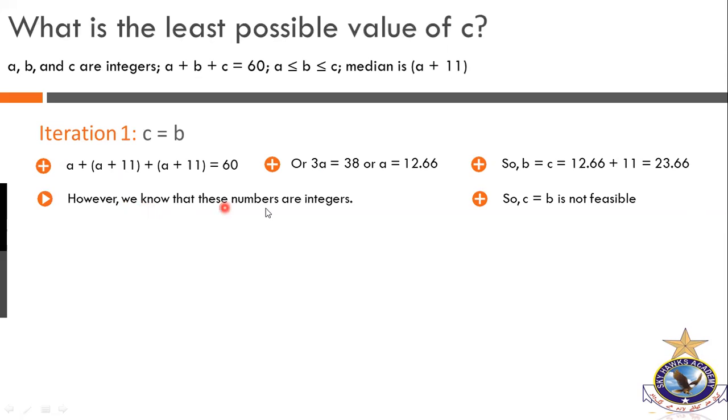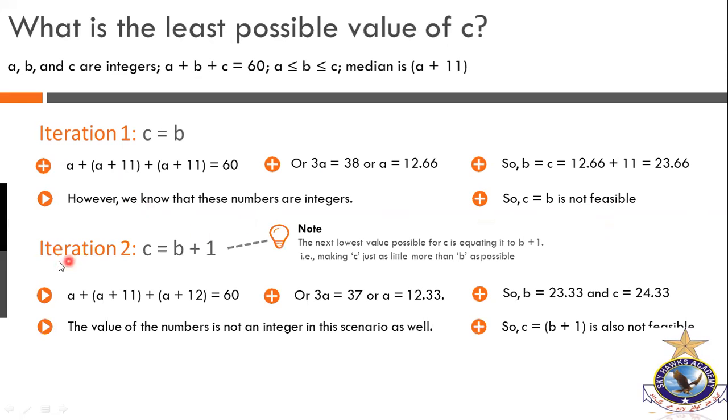However, we know that these numbers are integers, so C equals B is not feasible. Okay, so from here there is a contradiction. Now let's see what is the reason.